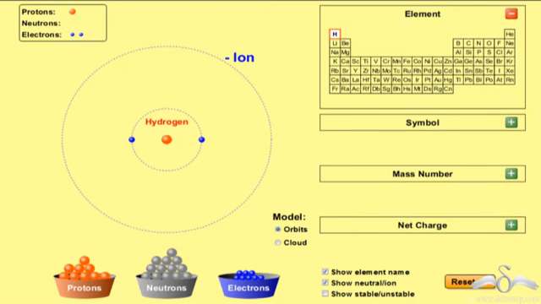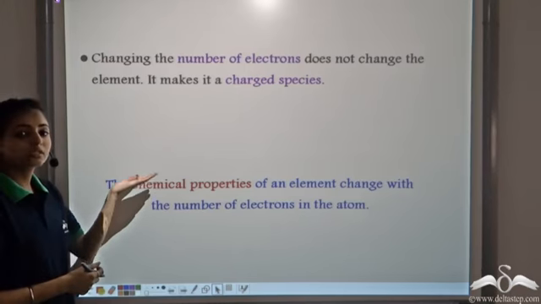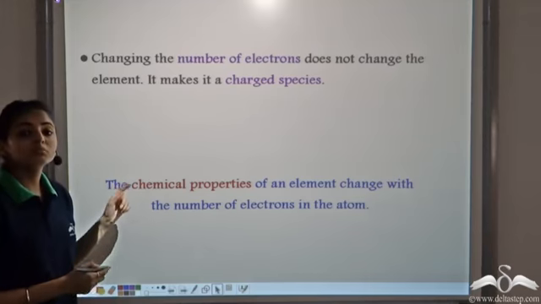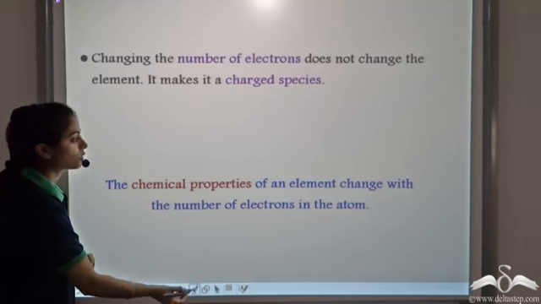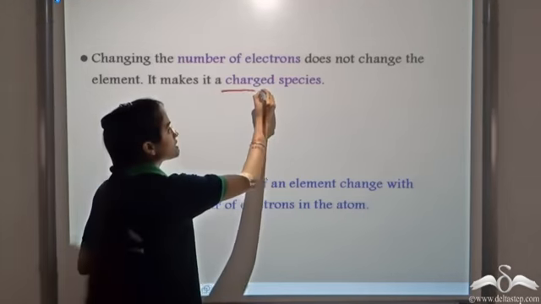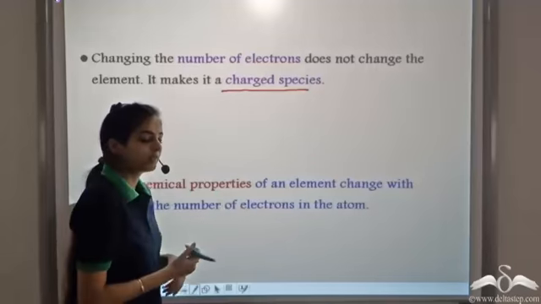So when I increase an electron, it becomes a negatively charged ion, but it still remains hydrogen. That is, the element does not change, it only becomes a charged species. So by changing the number of electrons, the element does not change. It only becomes a charged species, a positive or a negative ion.